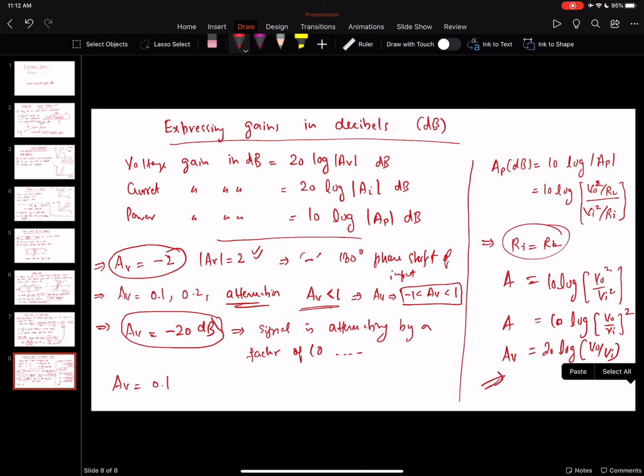So when our voltage gain is 0.1, let's express that in dBs. This was the absolute number. In terms of dB, it will be 20 log of 0.1. If I solve 20 log of 0.1, it comes out to be -20 dB, because log of 0.1 equals -1.